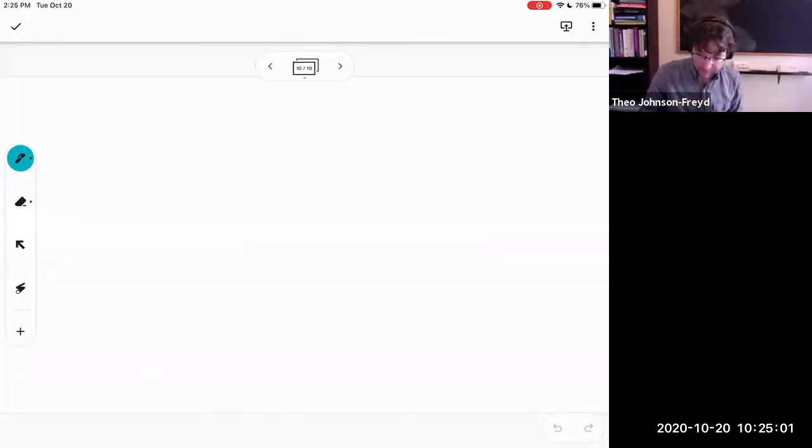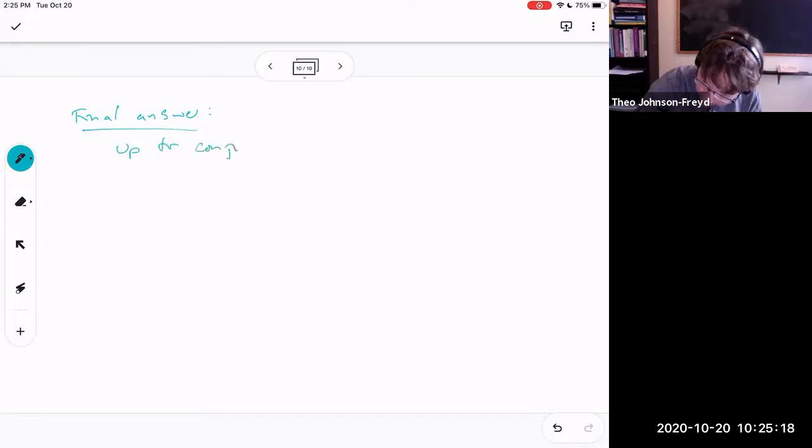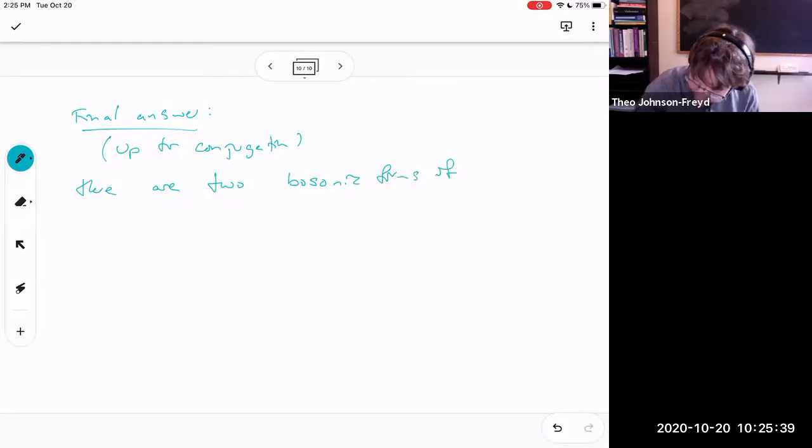Since I'm short on time, I'll tell you the final answer, which is that up to conjugation, there are two kind of bosonic forms of basically 3+1d Z2 gauge theory.